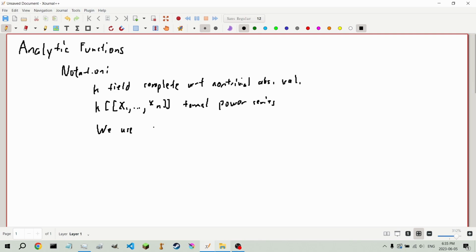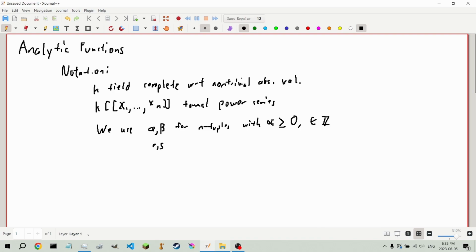We're going to use alpha and beta for n-tuples, with each alpha_i, and likewise beta_i, of course, being a non-negative integer.